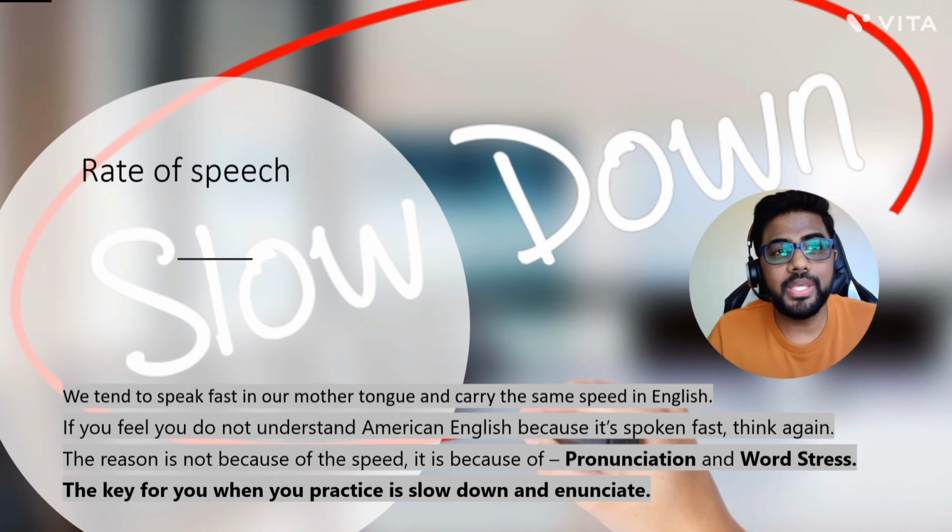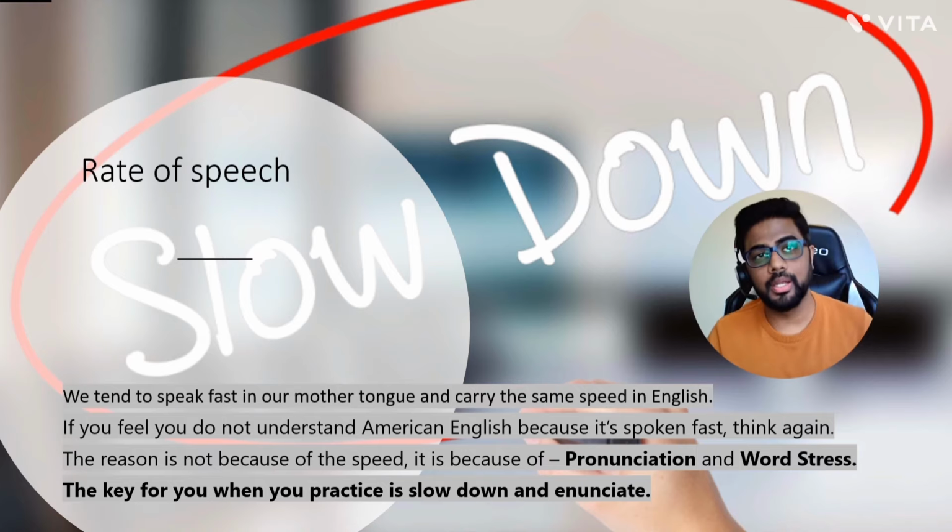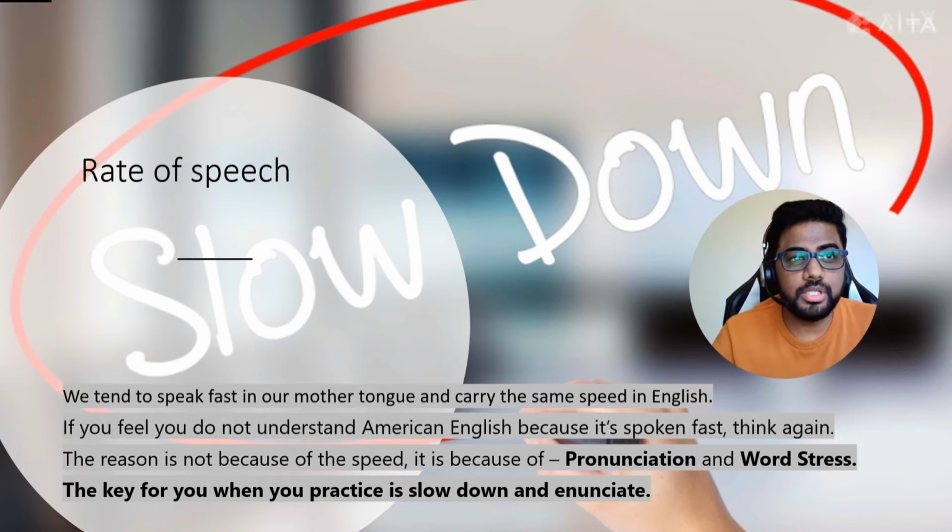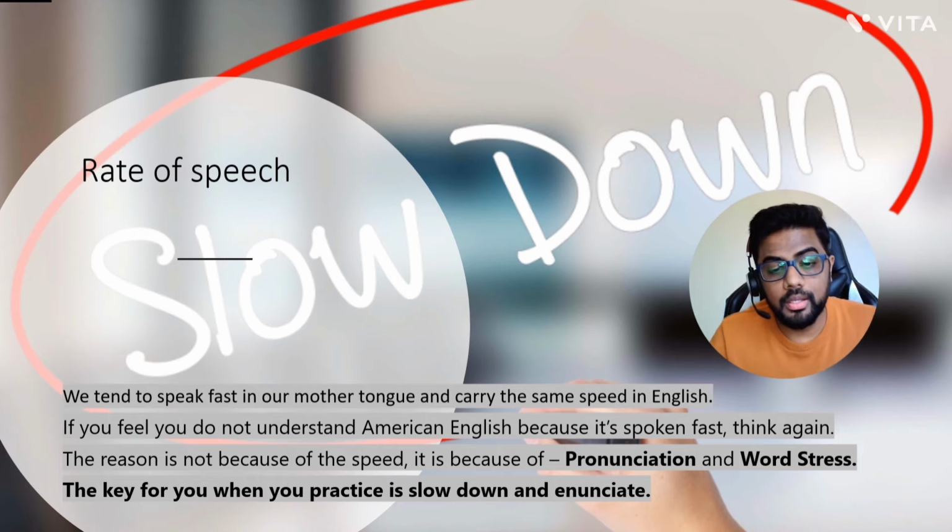Now we tend to speak fast when we are speaking in our mother tongue. This can influence you when you switch to English, and that is the reason you tend to speak faster when you are speaking in English. Now if you feel that you do not understand American or British English because of the speed, trust me, that is not the case.